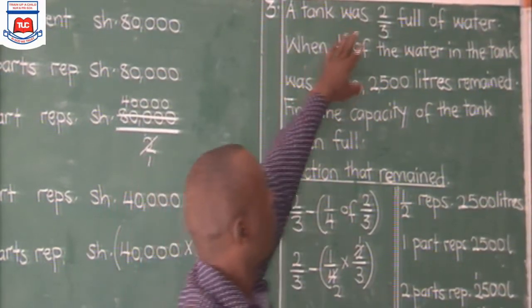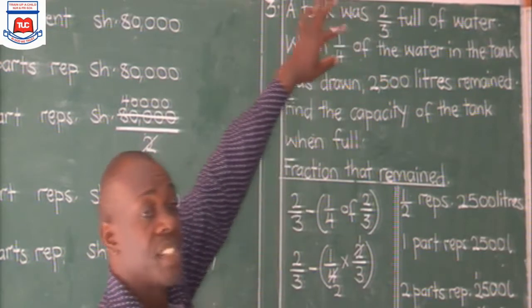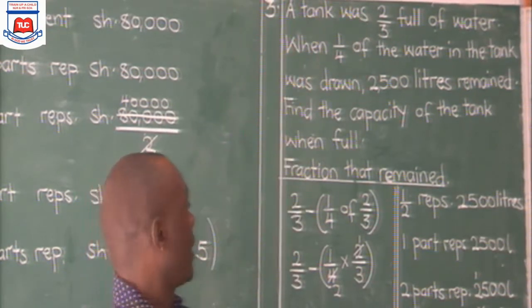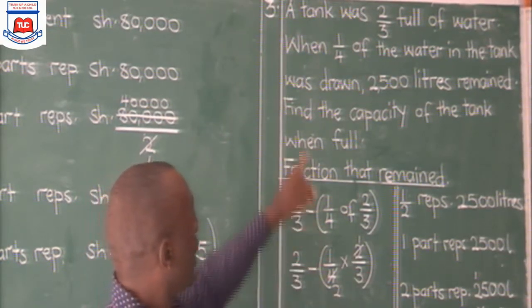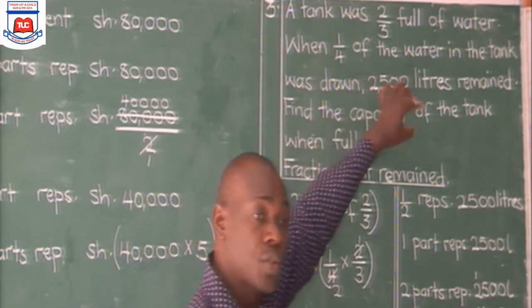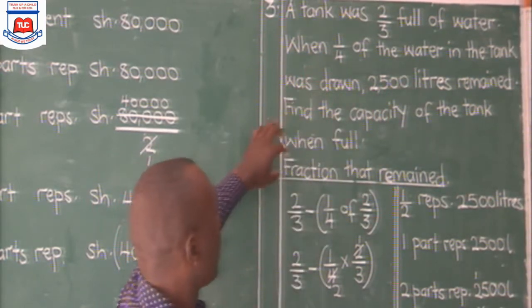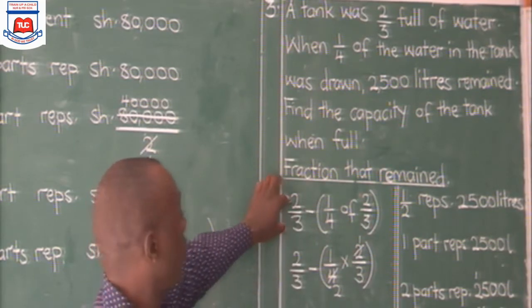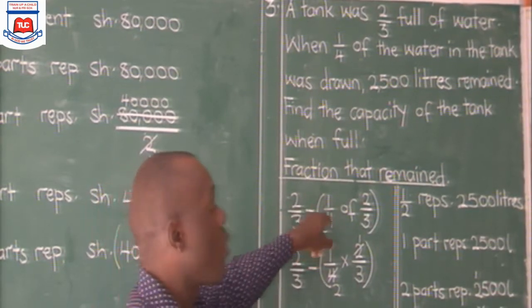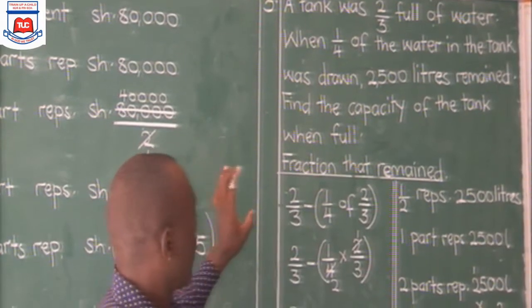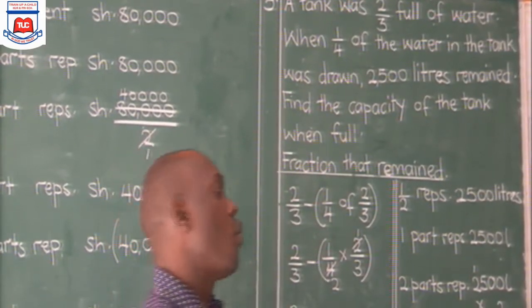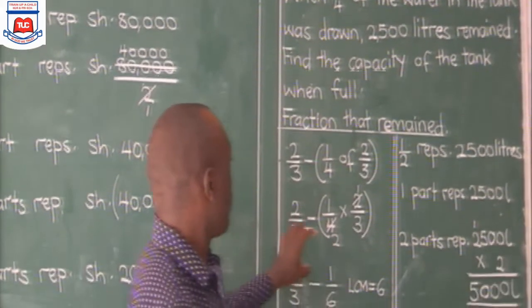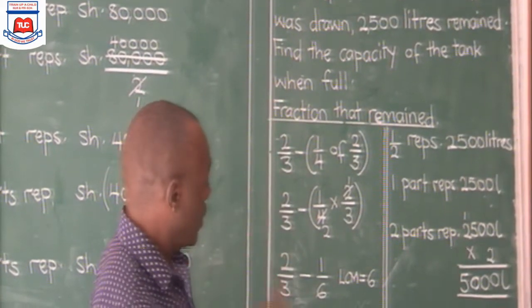Remember, 2/3 of the tank was filled with water. Then somebody came and drew a quarter of that water. So to get the fraction that remained, you get what was contained in the tank, which was 2/3 minus a quarter of the 2/3. So you will get what remained.